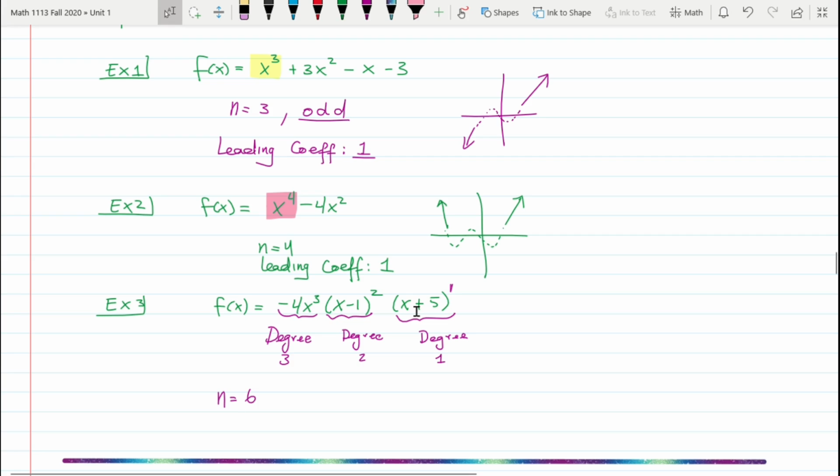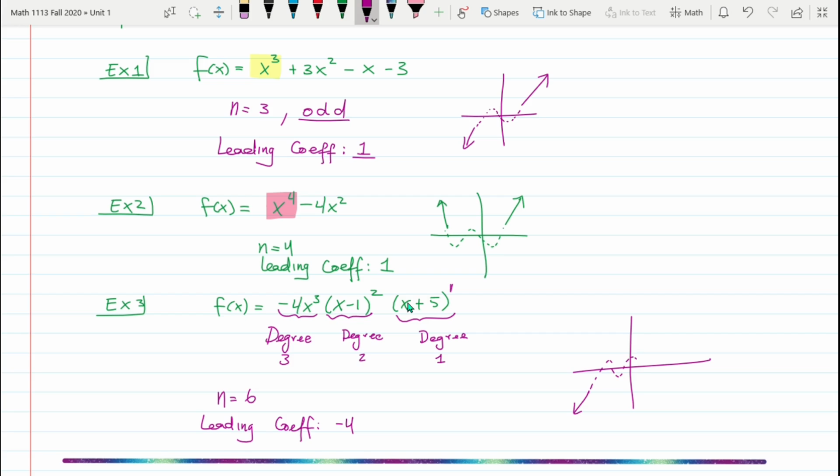So now we have a power that's even and a negative coefficient. So if we make a rough graph, it is going to be both legs pointing in the same direction with a bunch of different things happening in the middle. But roughly speaking, this is going to be the graph of that polynomial.